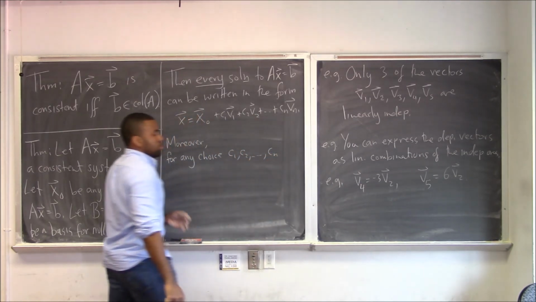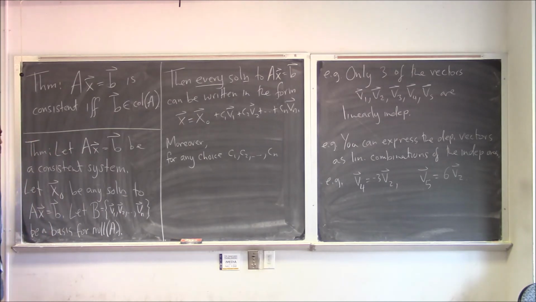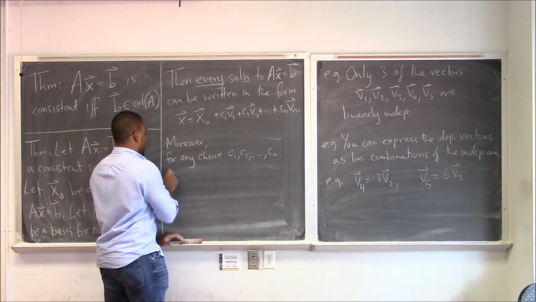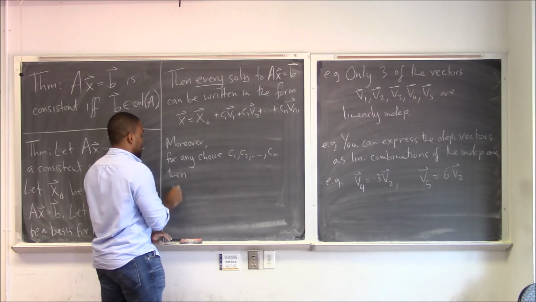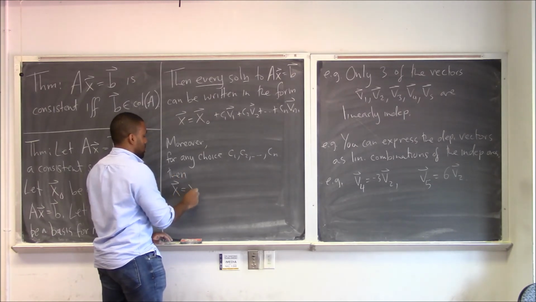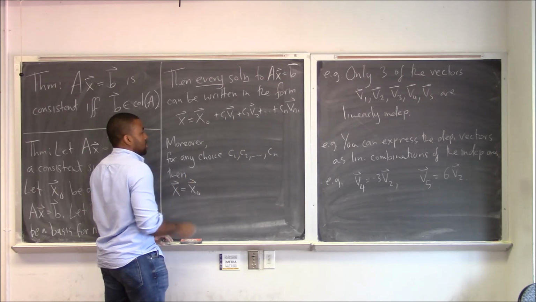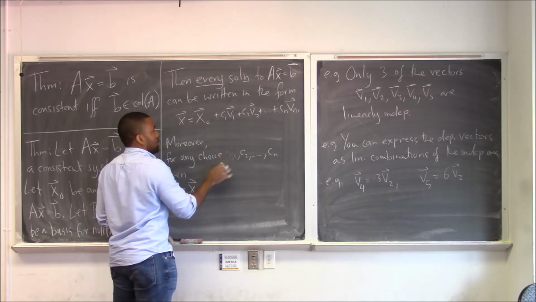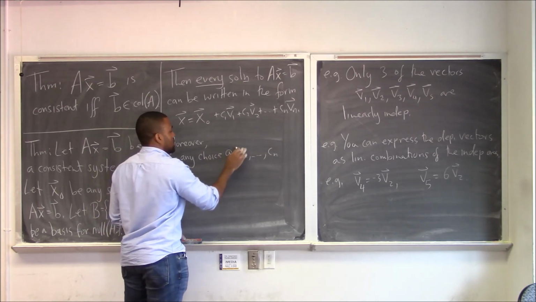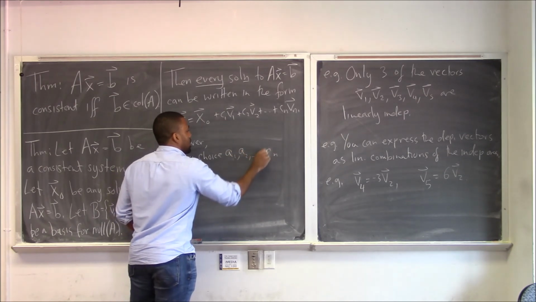Pick any random list of real numbers, C1 through Cn. Then, maybe to not mix up with that, call this A1 through An.